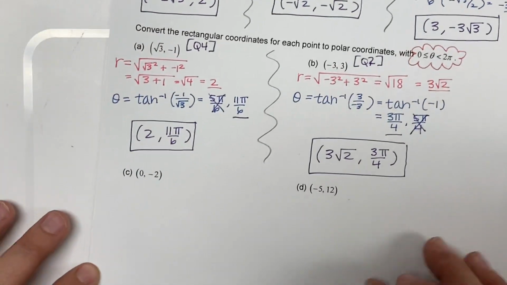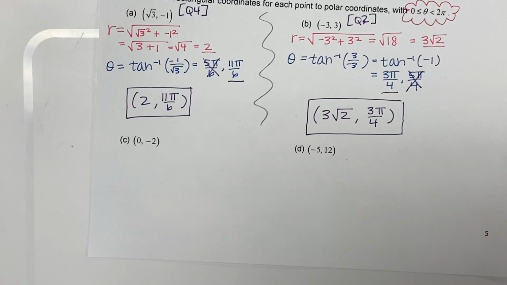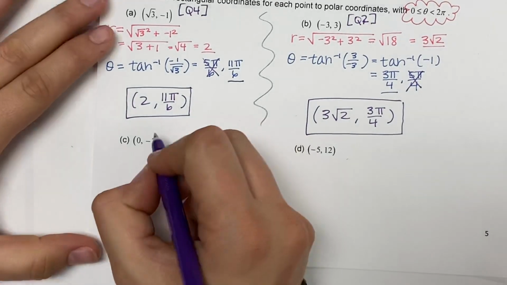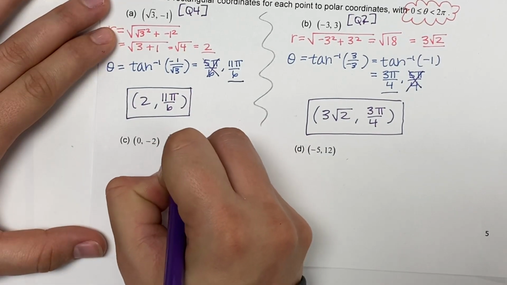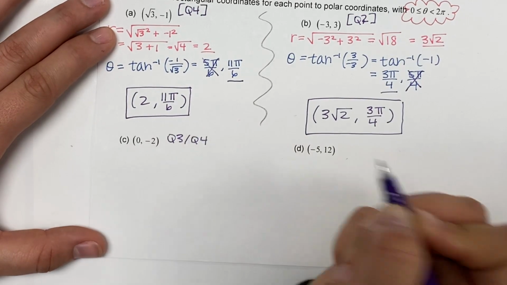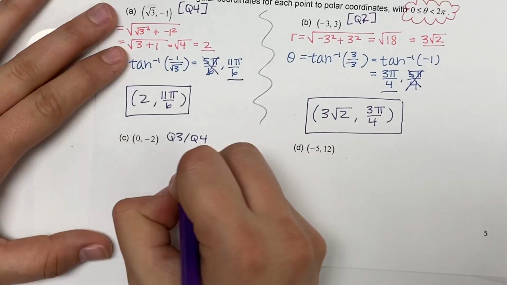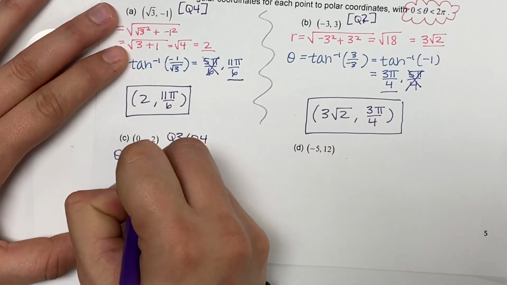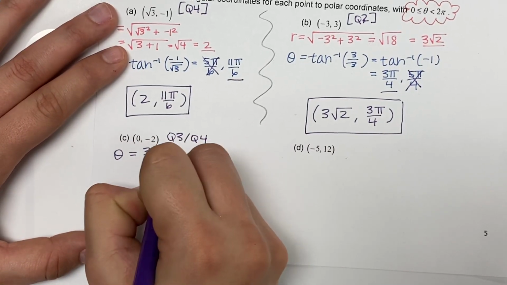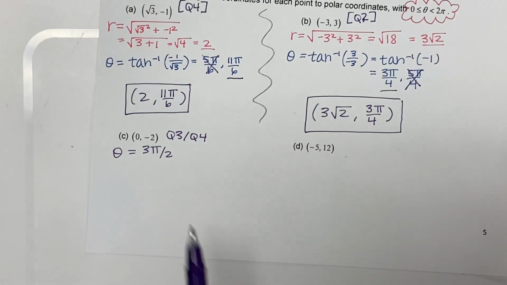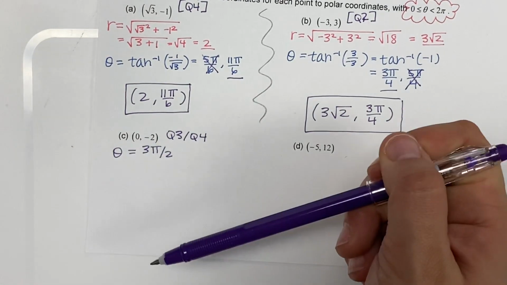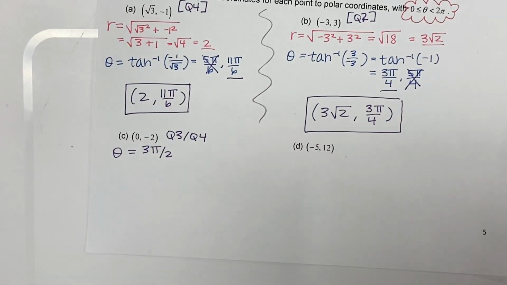Okay. Now the fun ones are when you have a 0. Because if I go 0, -2 on an x and y axis, that's between quadrant 3 and quadrant 4. Well, what's the only angle right there between 3 and 4? 3 pi over 2. So I have to solve for theta. I know if x is 0 and it just goes straight down, it is 3 pi over 2.